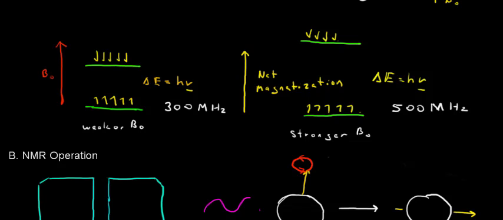When these nuclei down here go into resonance, we now have the same number of nuclei spin down as spin up. So what does that do to the net magnetization?